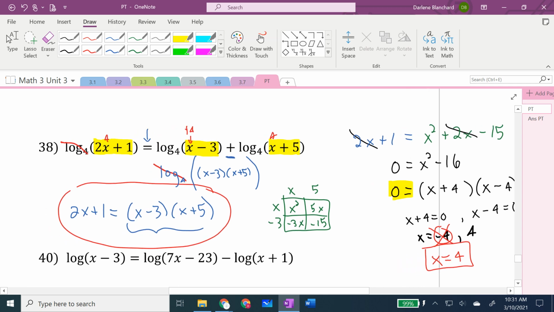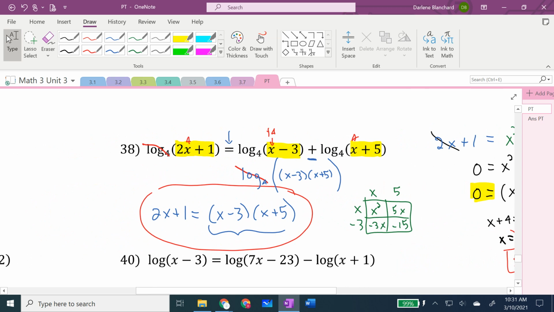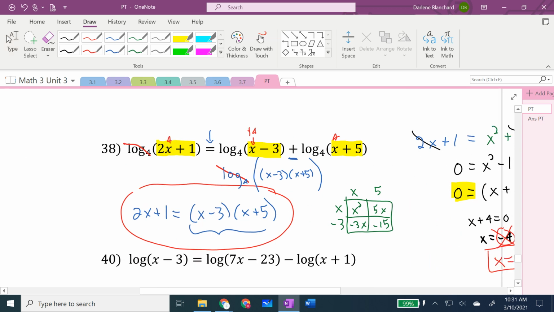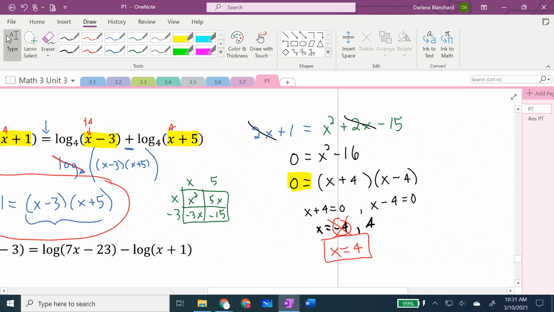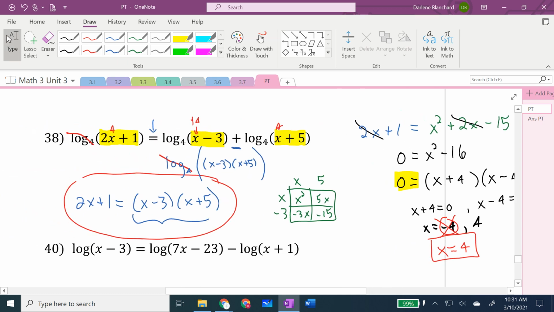I'm going to be careful with the test problems because I want to focus more on your ability to do the logarithms than your ability to work with quadratics, because we're going to do polynomials next, and with those, you're going to end up being tested with these quadratics at that point.